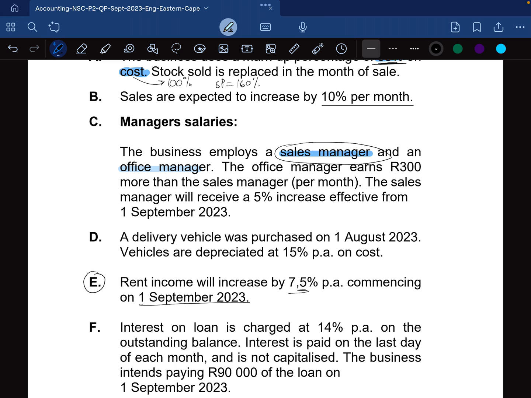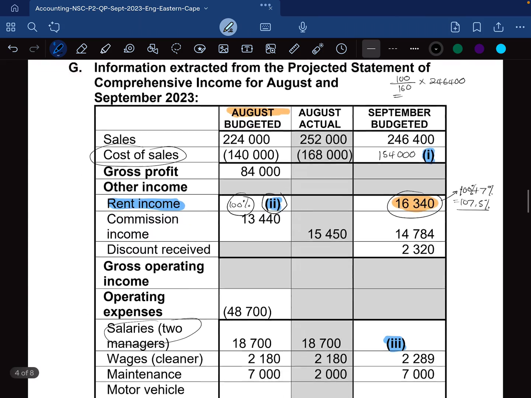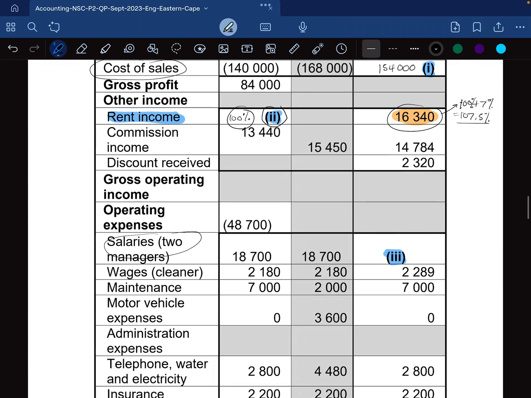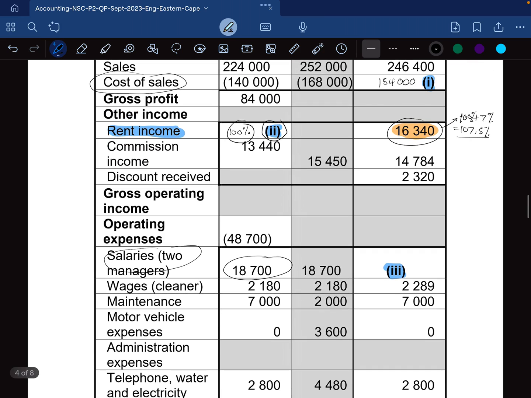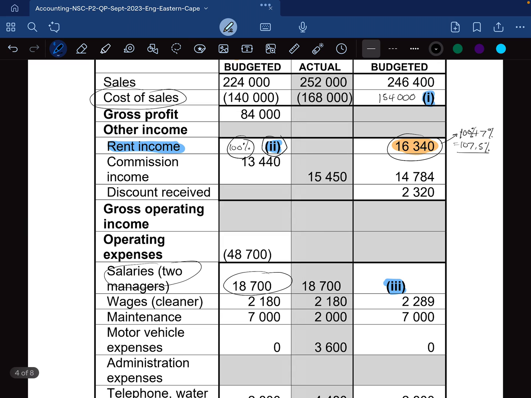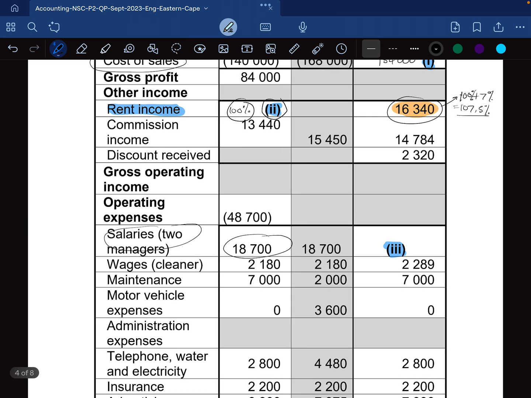And then the sales manager will receive a 5% increase effective from the 1st of September 2023. But we cannot apply this increase without knowing what the sales manager earns. So now let's go to this projected statement of comprehensive income. When we look at this amount from August before the 5% increase, we know that the difference between their salaries is only 300.